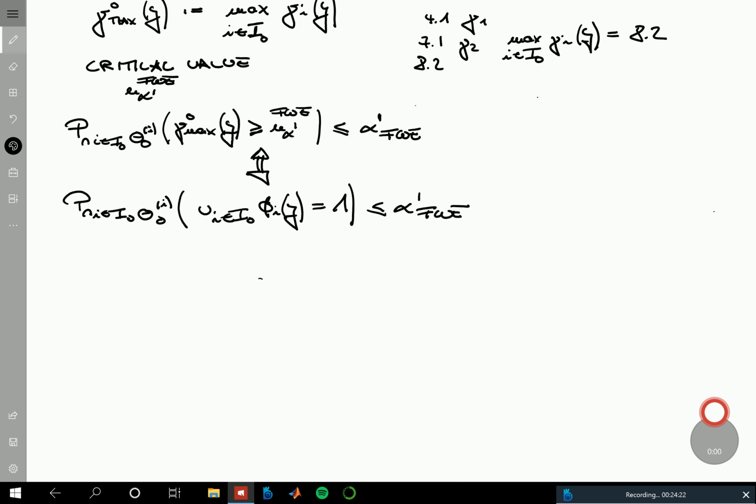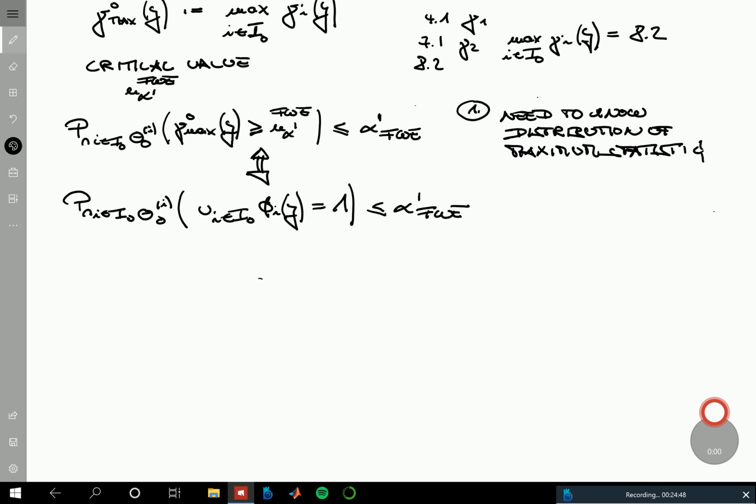So what this means is we need to know the distribution of the maximum statistic. That's the first thing, otherwise we cannot do anything.